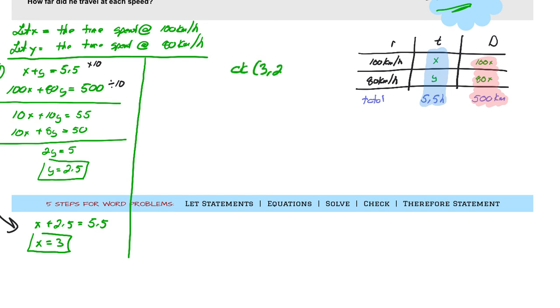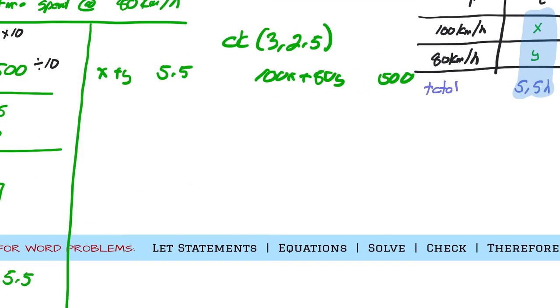Original equations, x plus y, 5.5, 100x plus 80y, and 500. Sub in, being careful, so it's 3 plus 2.5, and it's 100 times 3 plus 80 times 2.5. And now I've got 5.5 on this side, so the first equation checks beautifully.